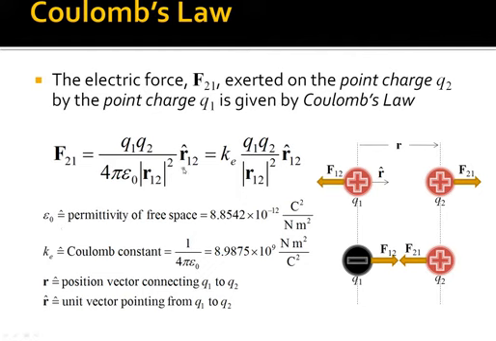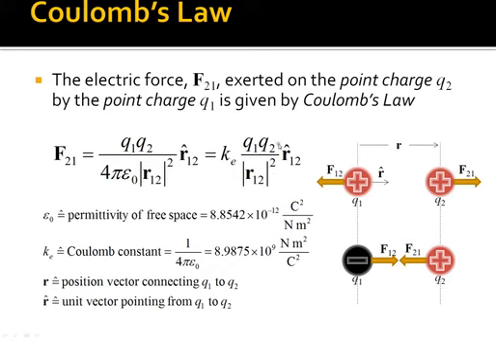Now we can combine 1 over 4 pi times the permittivity of free space into this thing called the Coulomb constant, just to simplify Coulomb's law a bit. That product is also inversely proportional to the distance squared between the two charged objects.